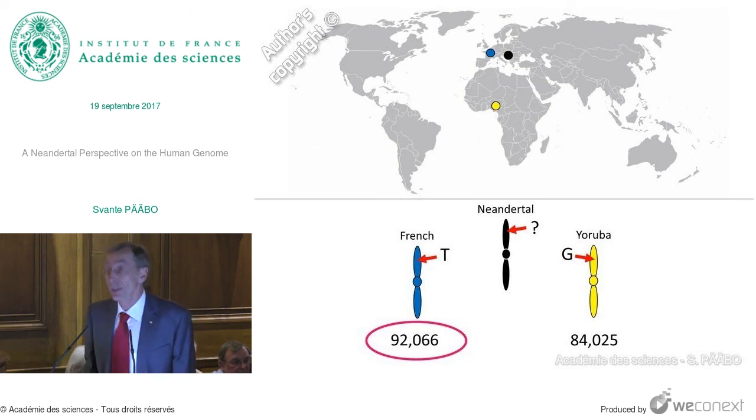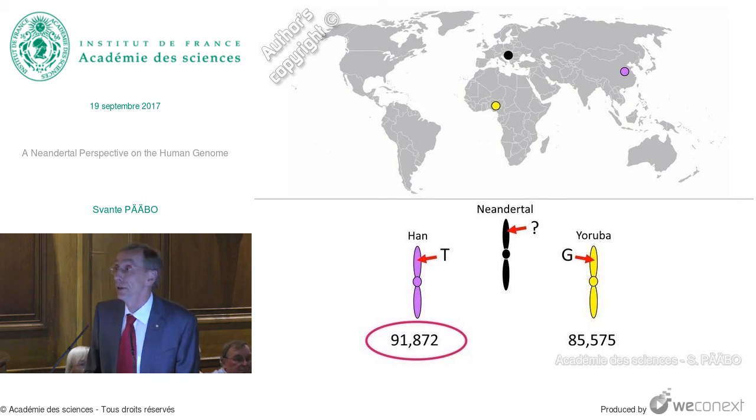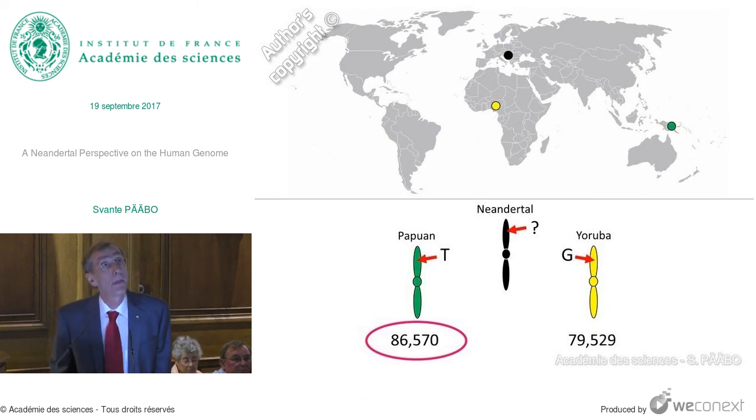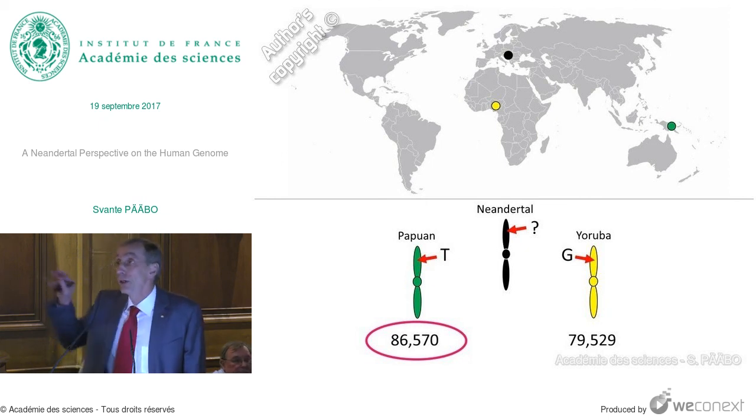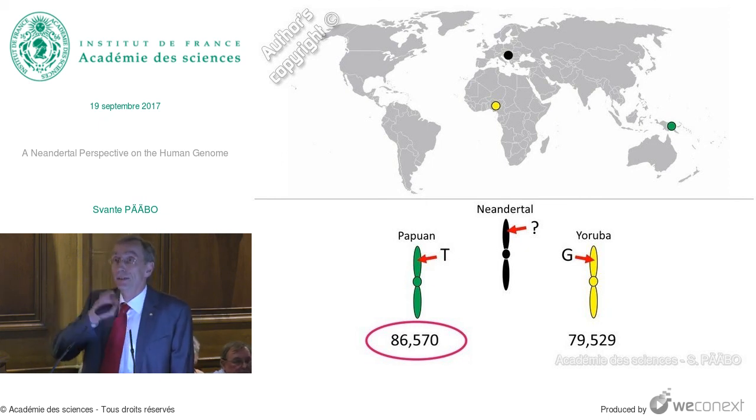That was surprising to me. Even more surprising was that when we compared a Chinese individual and an African individual, again we saw more matching to the non-African individual. Although most people would think there have never been Neanderthals in China. Papua New Guinea, where there for sure have not been Neanderthals, again more matching. So wherever one looks outside Africa, you find this extra component in the genomes.